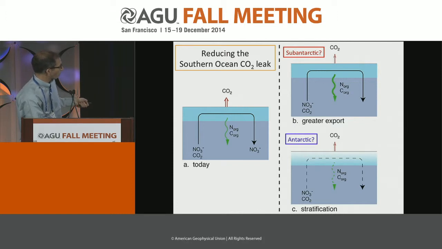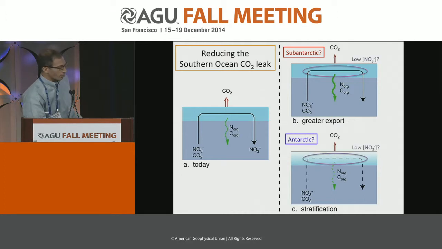Here, export production was observed to decrease during glacials. So if you were going to be optimistic and argue that the entire Southern Ocean was working to reduce CO2 during ice ages, including the Antarctic, it would have to be operating by this type of scenario, the stratification scenario.